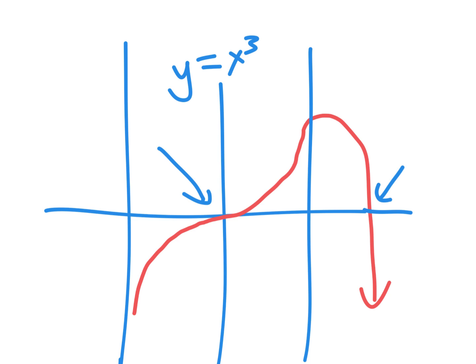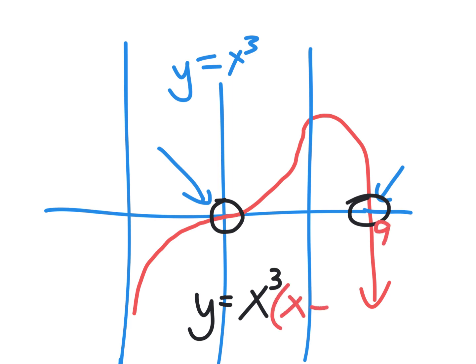So the equation for this one would have been y equals x to the third, because it was at 0 where it went through and it had this curvy shape. Sometimes I call it a snake, but you could just say it passes through. And then it also went through here, and let's say that's at like 9. Then this would be x minus 9, and it just passed through, so it's a power of 1.